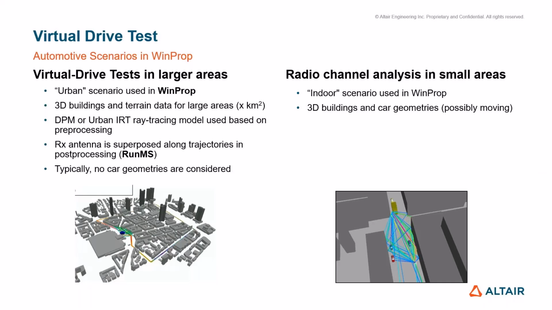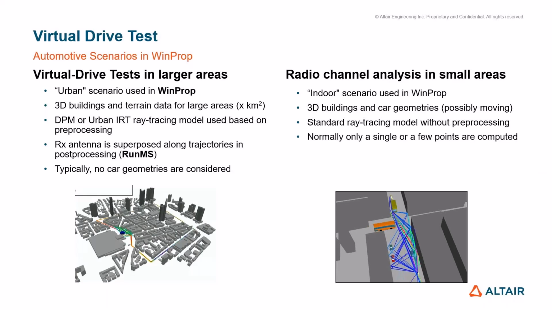For us, we use the term indoor scenario in Winprop because in these cases, the database that is used includes a high level of details. It also includes the car geometries, and that can be set to be time variant in the sense that it could move in our environment. And in these cases, we use the standard ray tracing model to perform our prediction simulations.